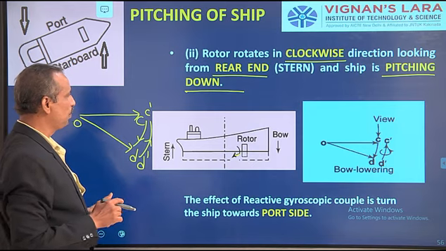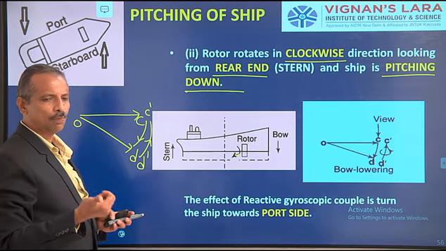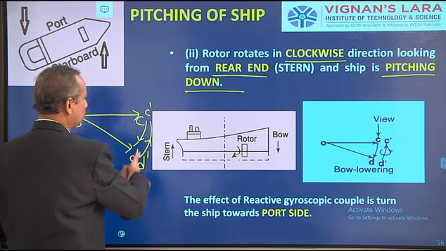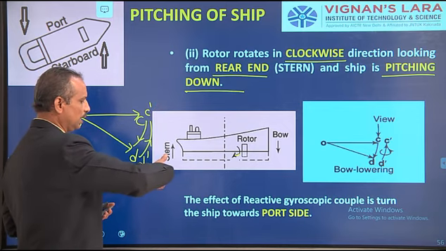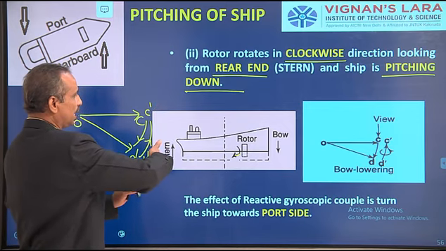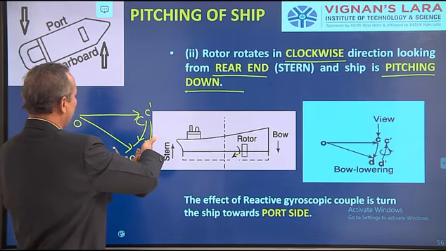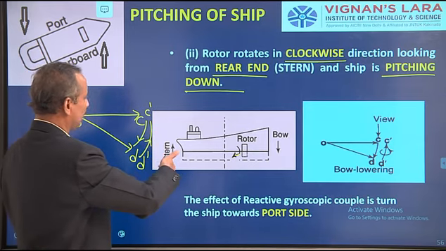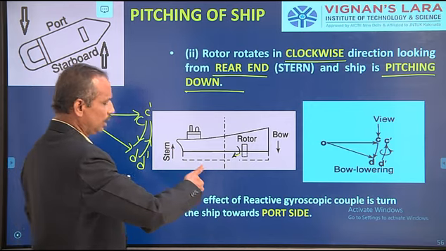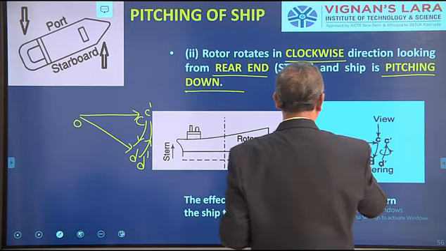When the reaction is upward like this, apply your right hand thumb rule. Put your finger in the upward direction, then you can see what is the nature of your remaining 4 fingers. Look once again.